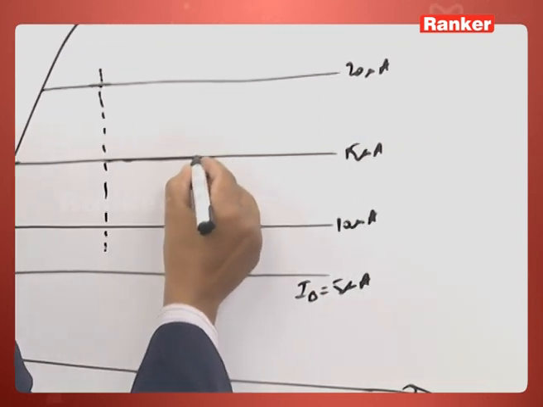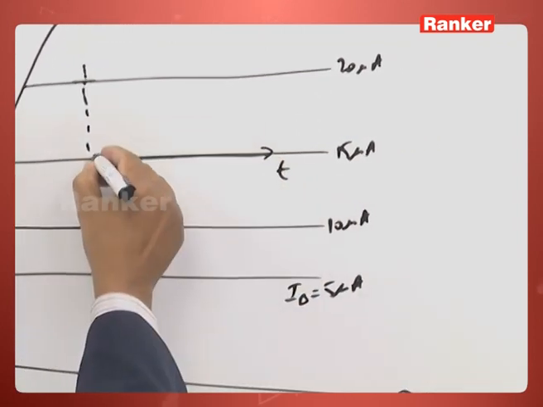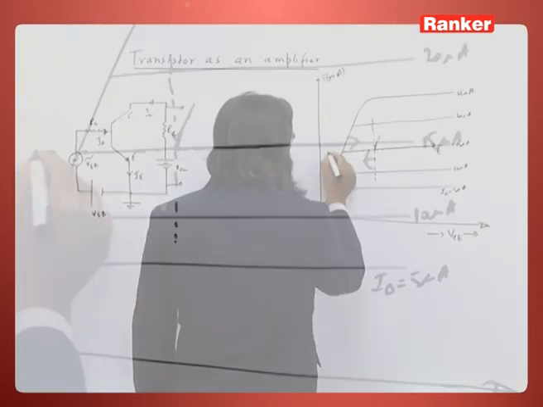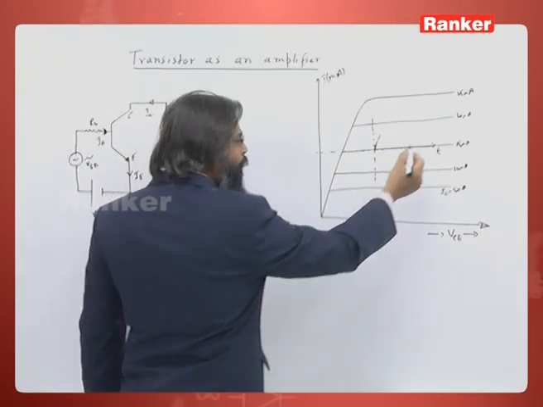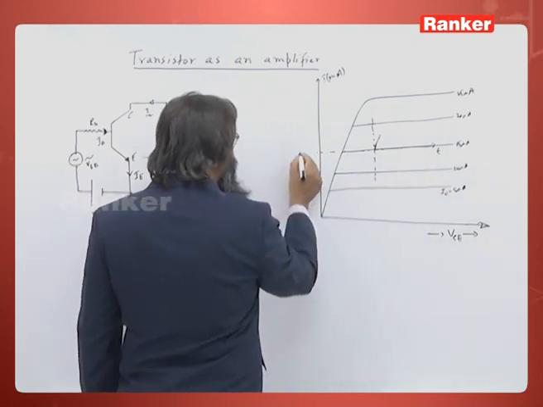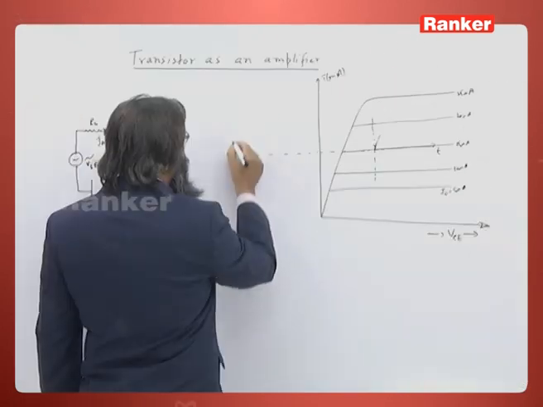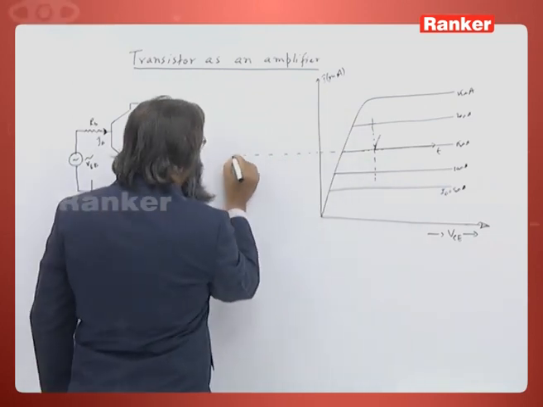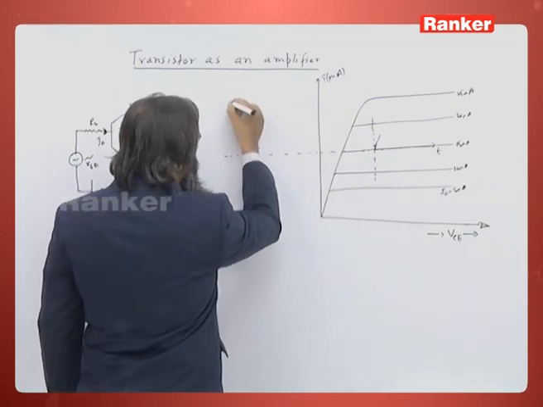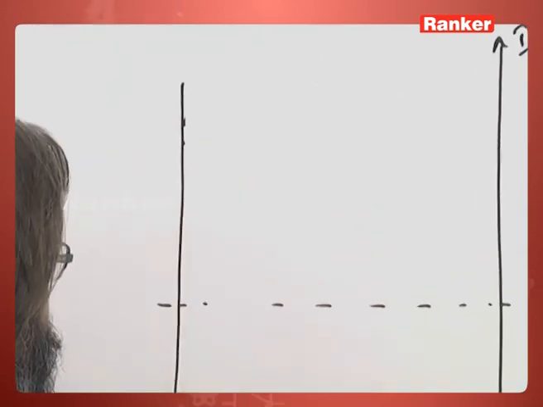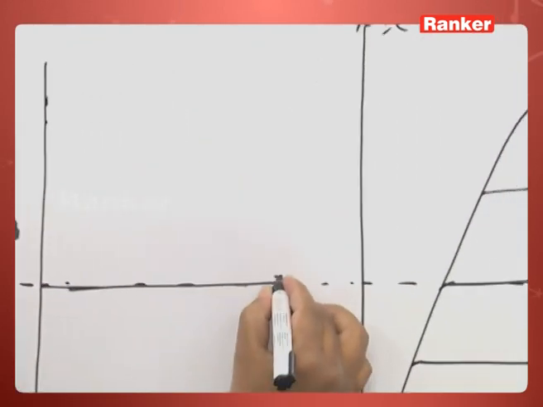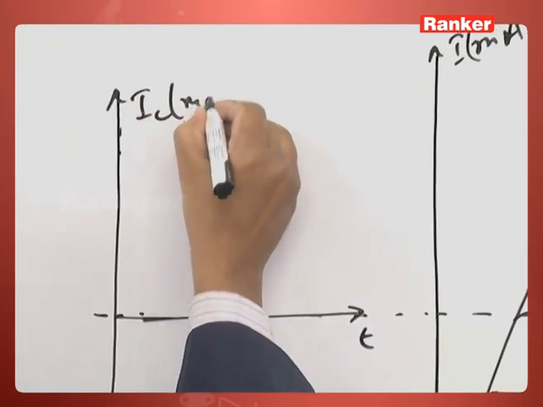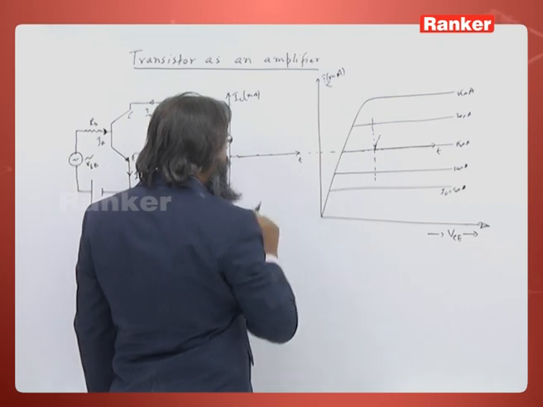Suppose along this I plot time, and my current, suppose this is 15 microampere current, and here I will plot how this current varies, that is my IC will vary. I am plotting time versus IC. IC is in milliamperes.